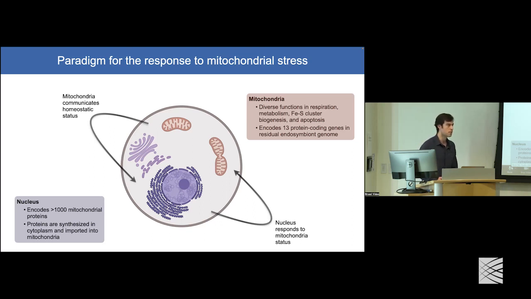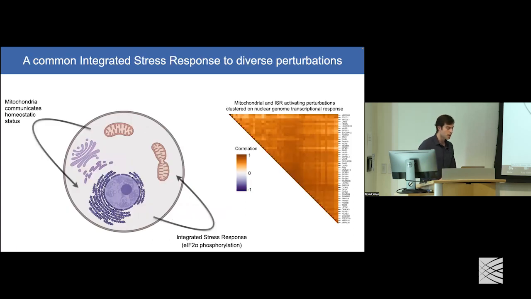For reasons related to our particular interests, we were very interested in understanding the coordination of the nuclear genome with the state of the mitochondria. So how does the nuclear genome sense the state of the mitochondria and then respond to specific mitochondrial stressors? Surprisingly to us, we found that there was basically a generic nuclear transcriptional response to all mitochondrial perturbations.